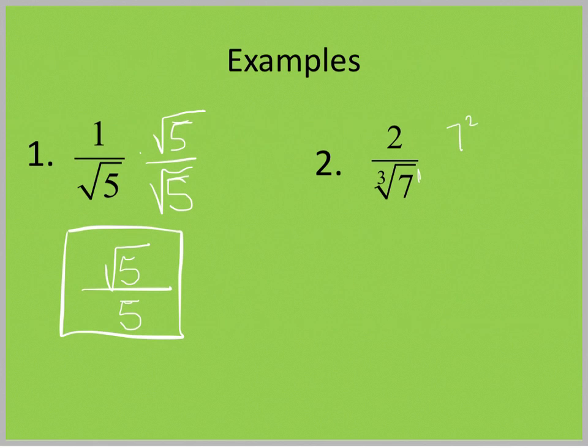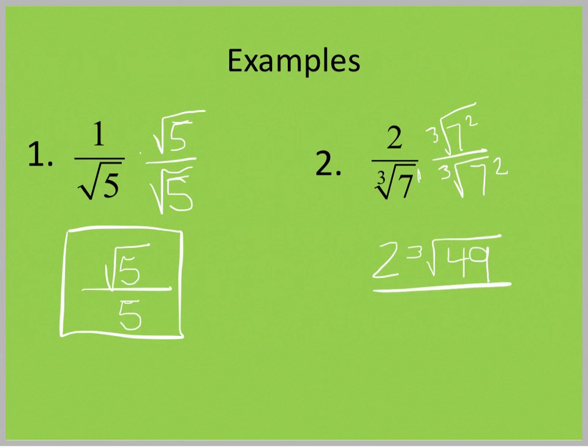So that means you're going to multiply the top and bottom by the cube root of 7 squared, since I needed 2 more 7s. So if I multiply the top, that 2 is just going to stay outside the radical. 7 squared is going to be 49 over. Now I'm going to write this step out, but you don't have to do it.